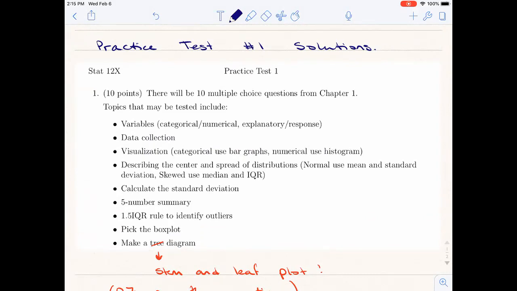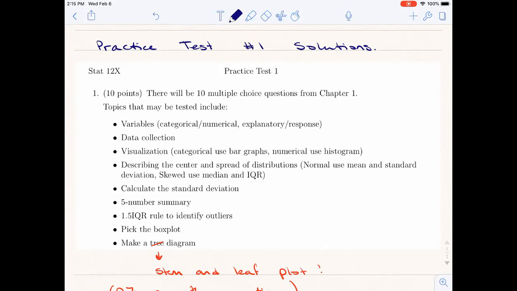If I give you a summary of a data set, I'll give you the descriptions of the variables as well. From there, you should be able to identify if a variable is categorical or numerical. And if I give you a research question, identify which is the response variable and which ones are the explanatory variables.